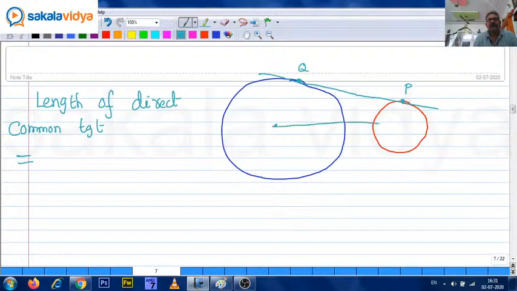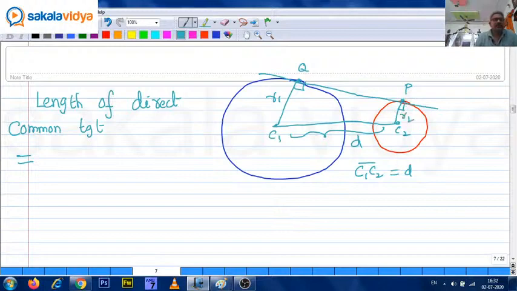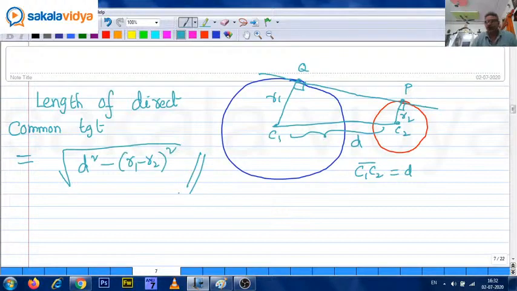See, for example, the distance between the centers C1 and C2, say the distance between the centers is D, C1 C2 is equal to D. For example, radius of the first circle is R1, radius of the second circle is R2. Then the length of the direct common tangent is given by the formula root of D square minus (R1 minus R2) whole square.